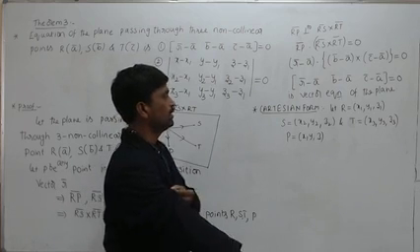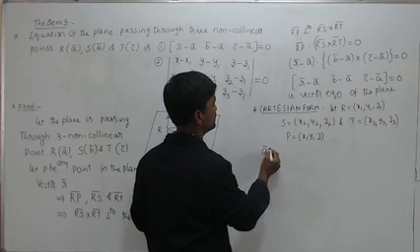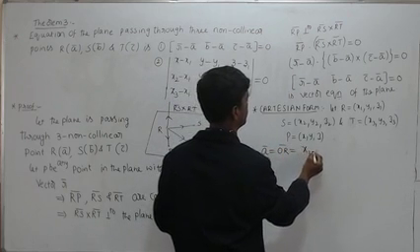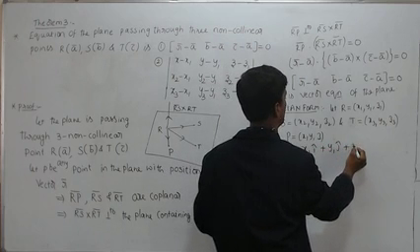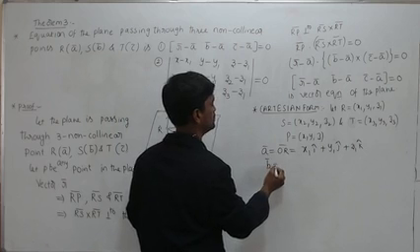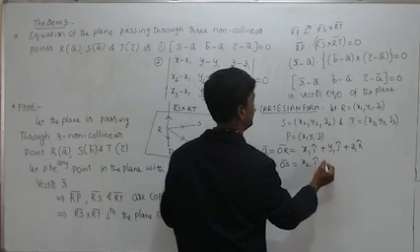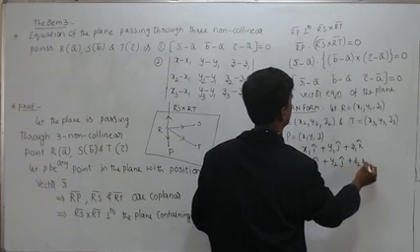Then obviously the vector A bar is equal to OR bar, which becomes x1 i cap plus y1 j cap plus z1 k cap. And B bar is equal to OS bar, which becomes x2 i cap plus y2 j cap plus z2 k cap.